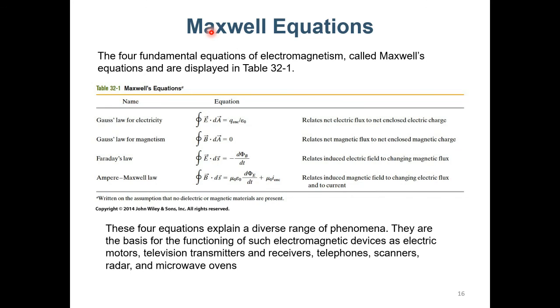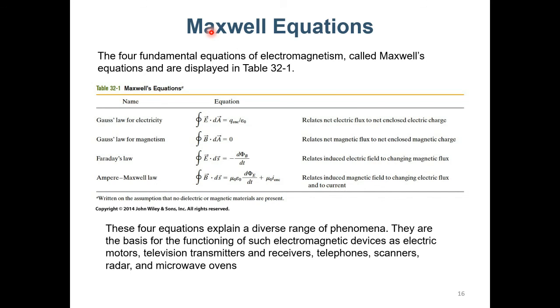Actually, Maxwell summarized these equations into a group so that we can generally use these four laws to solve different kinds of problems. And actually, there were even more equations at that time, maybe like 150 years ago.